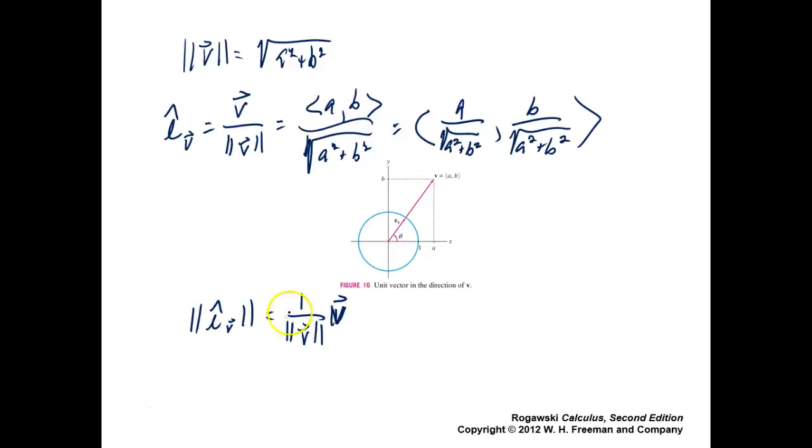That's what e is. So then you take the magnitude of that, which gives you the magnitude of v over the magnitude of v. And of course that is 1. So the magnitude of a unit vector is 1. We knew that to begin with. We've just gone around in a circle and gotten back to that.